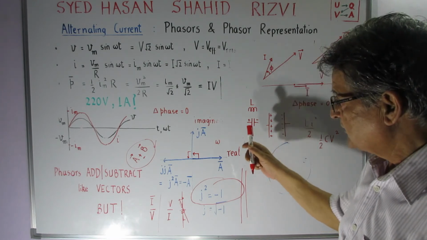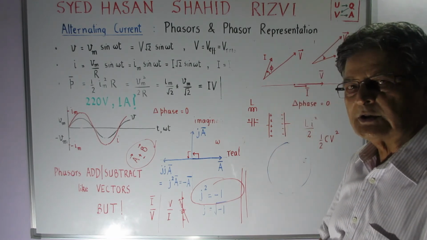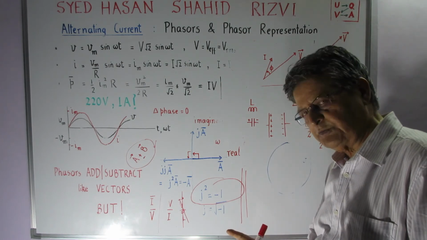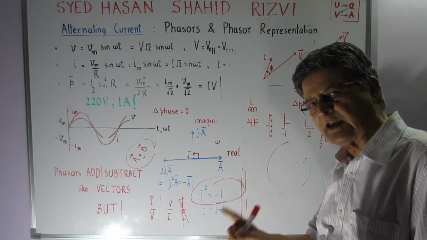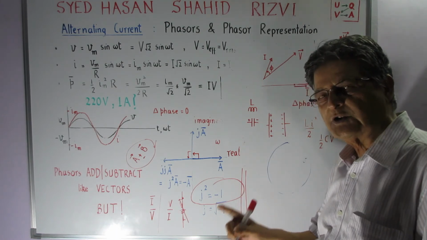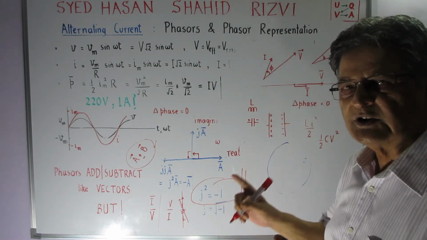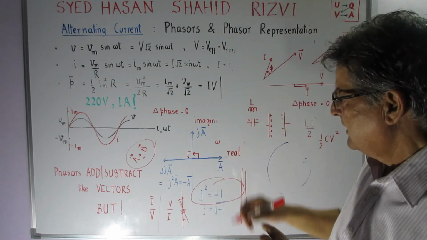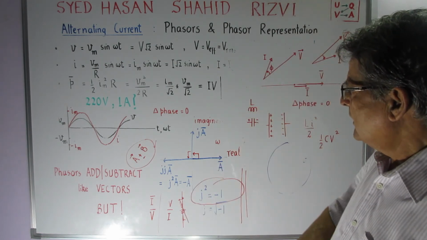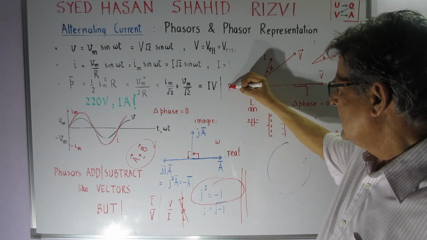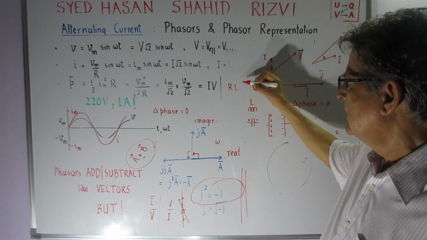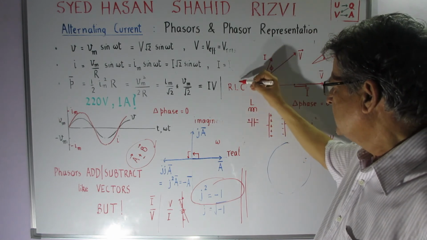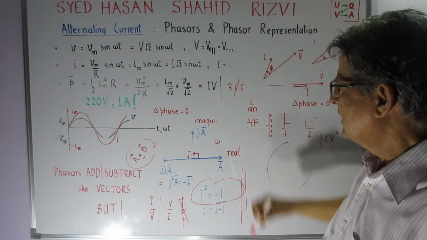And tomorrow very fast we are going to go through the inductor and the capacitor, purely inductive circuit, purely capacitive circuit, and thereafter we'll talk about the RLC circuit, and from there we can make our conclusions for the RLC series circuit. And I can just take off the L, then it becomes RC.